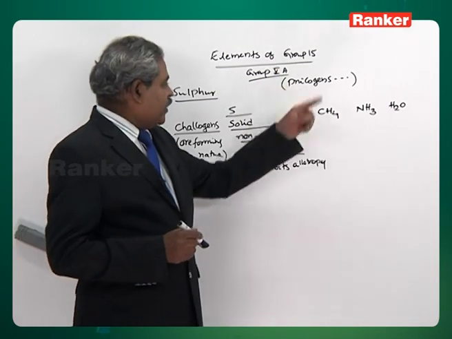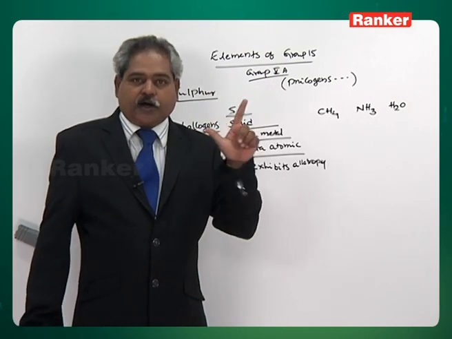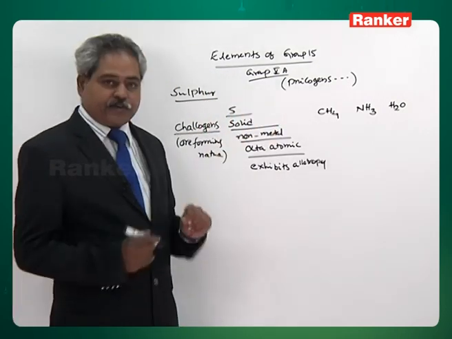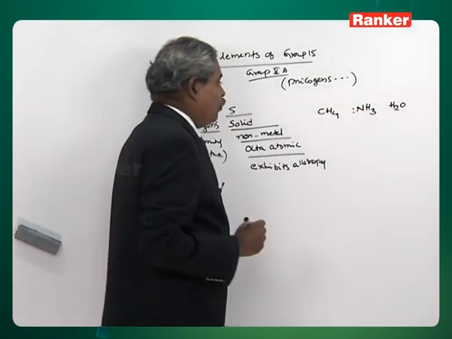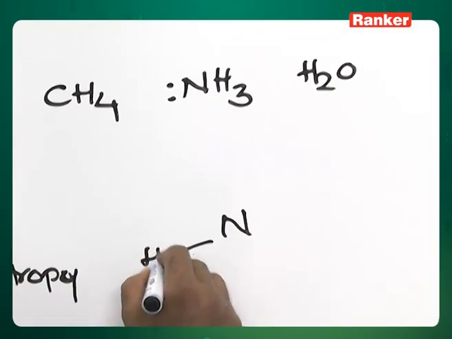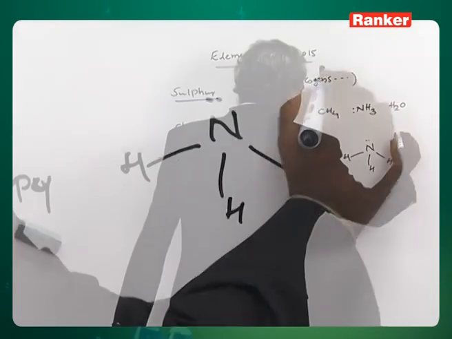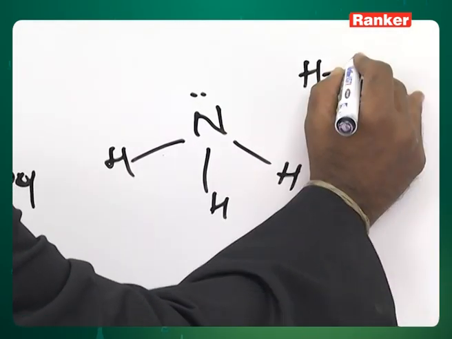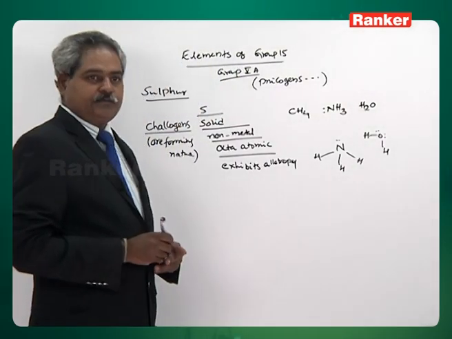But what about group 5? Group 5, after forming 3 bonds, 2 electrons are left. And these 2 electrons, they are called a lone pair. Ammonia, there is a lone pair. A pair of electrons which is not being used. H2O. Sixth group, there are 2 lone pairs.